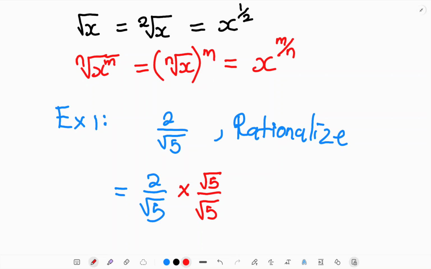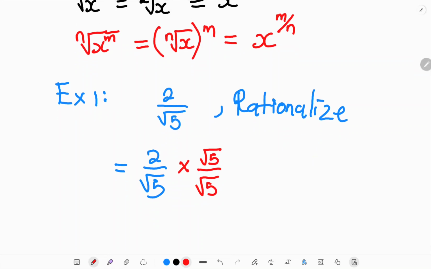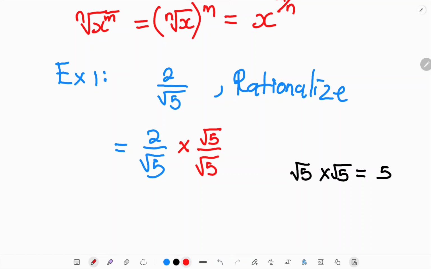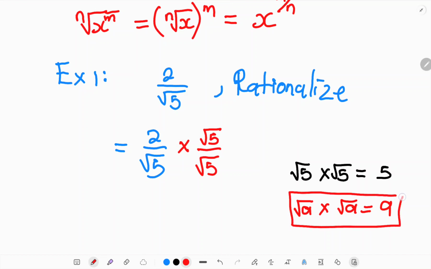In the denominator, we're going to have root of 5 multiplied by root of 5, which is just 5. That comes from a law that says root of a multiplied by root of a equals a. Whenever you multiply the same square root together, you get whatever is inside the square root.